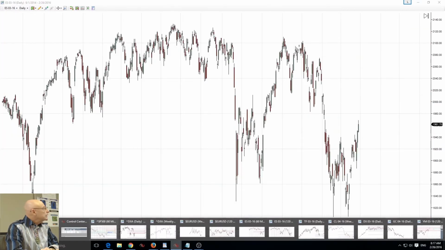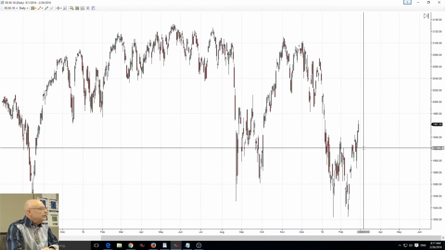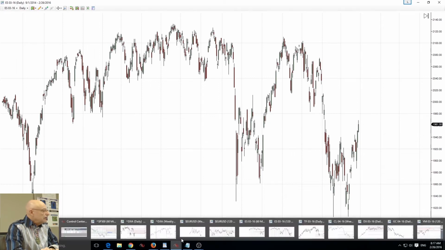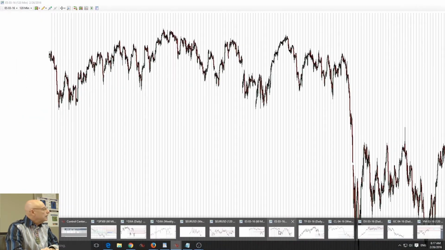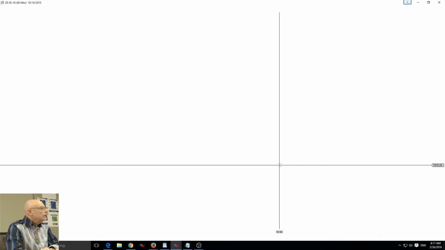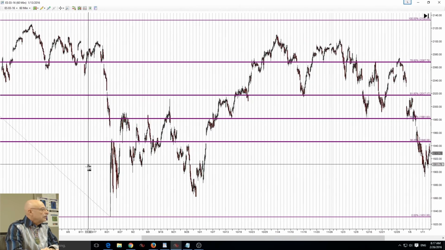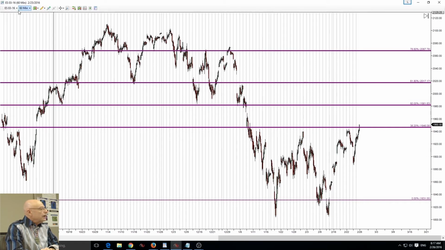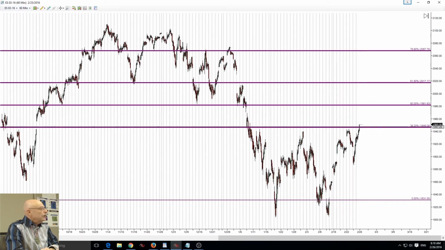We are talking about, here's a daily chart, 1961. So it was closed 1950. It's ES. So we are above yesterday's close by 10 points.